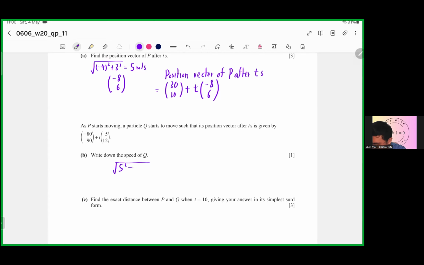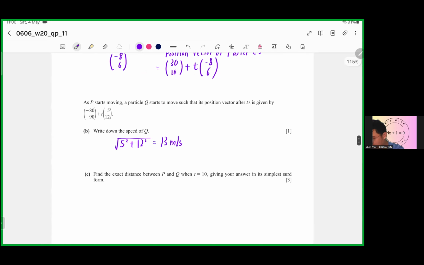So 5 squared plus 12 squared, root, equals 13 meters per second. Okay, and then question C, find the exact distance between P and Q when T equals 10, giving your answer in simplest form.